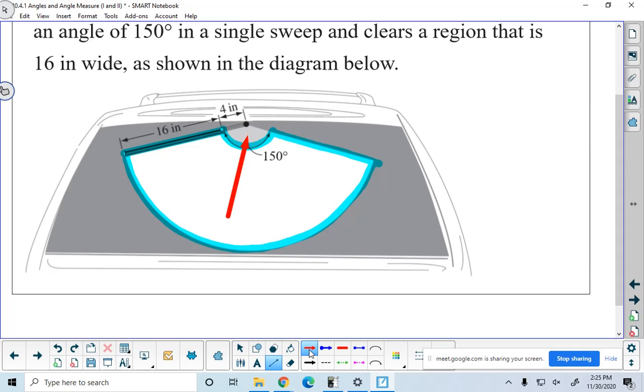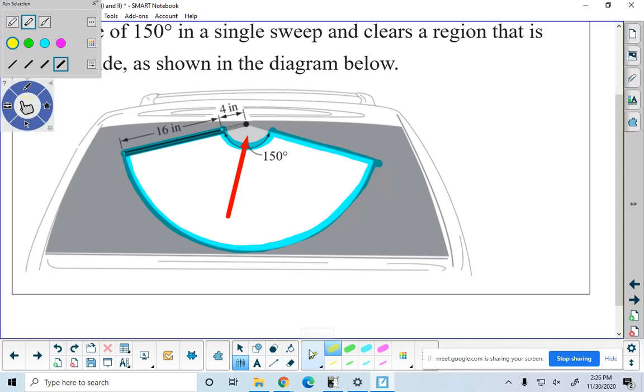This section in here that's not cleaned, it's covered in mud, isn't the same shade as the mud on the rest of it. And a lot of students found this area or this perimeter instead.